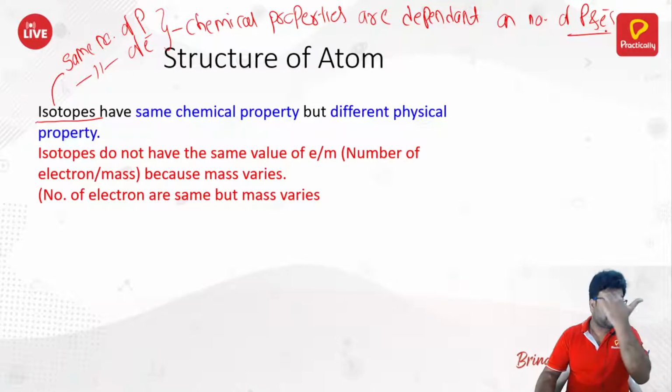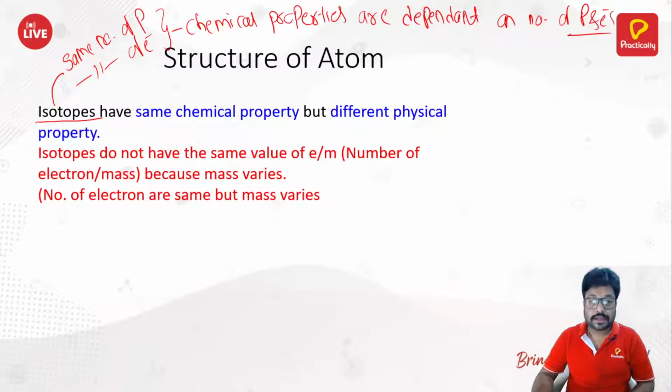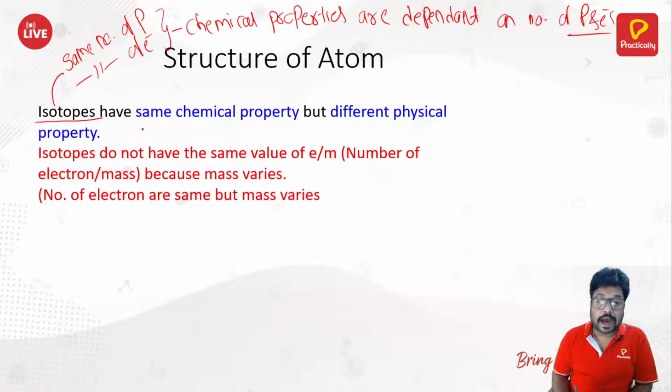Since the isotope has the same number of protons and same number of electrons, their chemical properties are exactly same. They have a same chemical property.